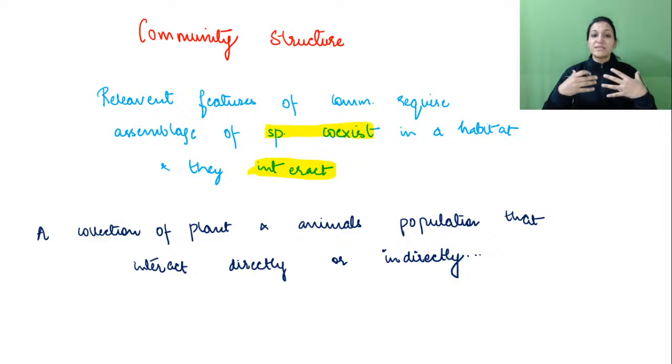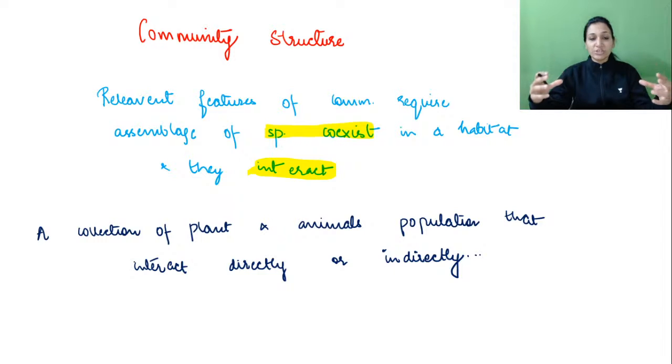Like if humans try to consume non-veg food, they try to consume lamb or chicken. So where do the lamb and chicken get their feed? They get this feed from plants. So that is the indirect dependence, and direct dependence we have on the non-vegetarian food if we are non-vegetarian.